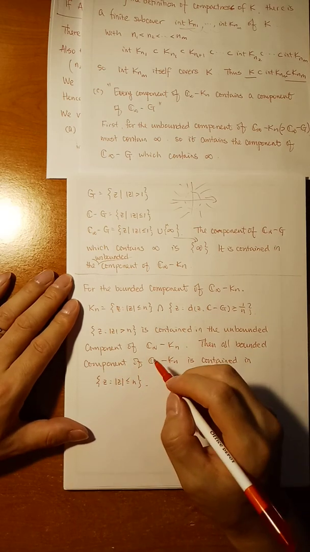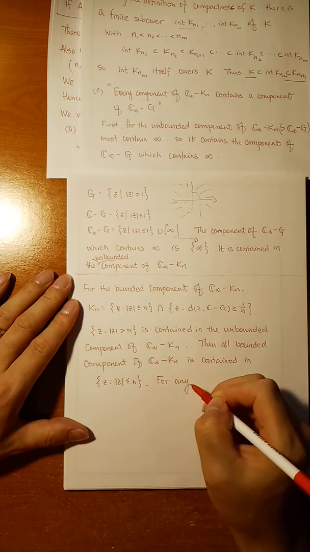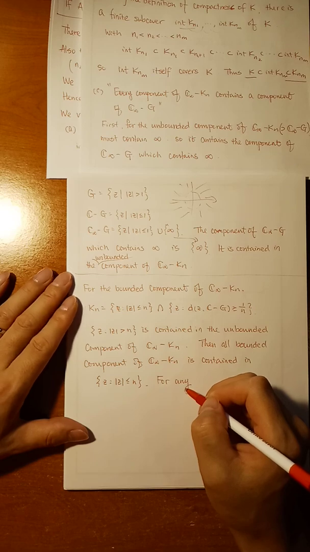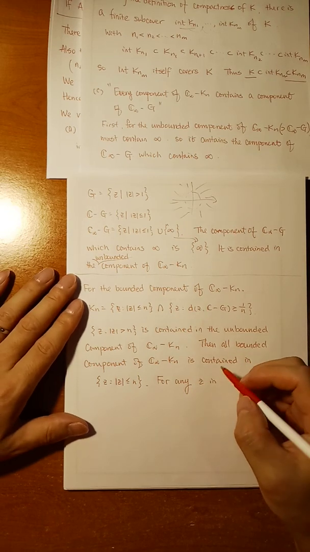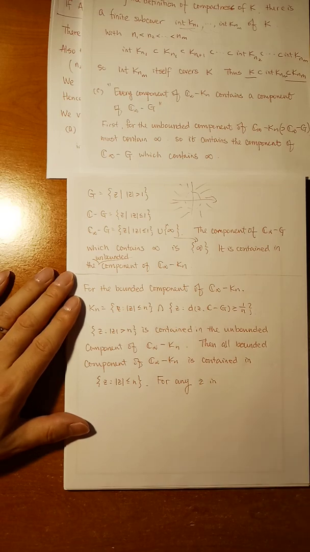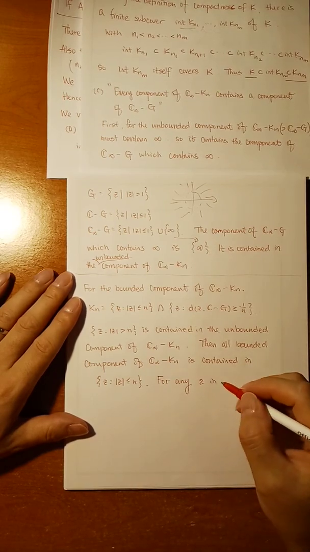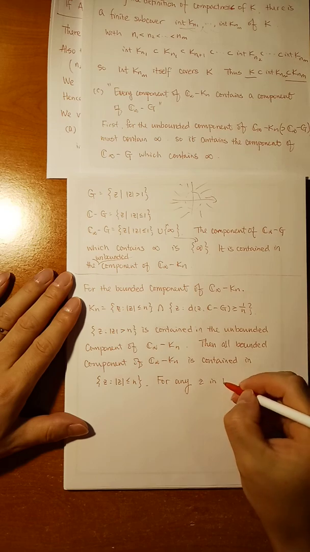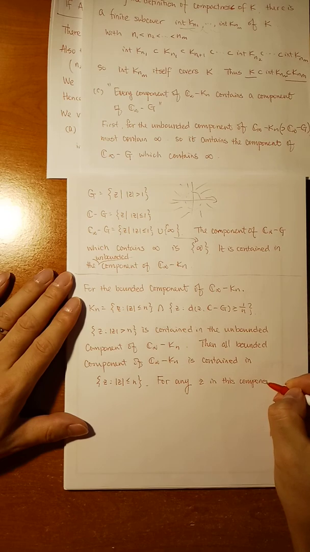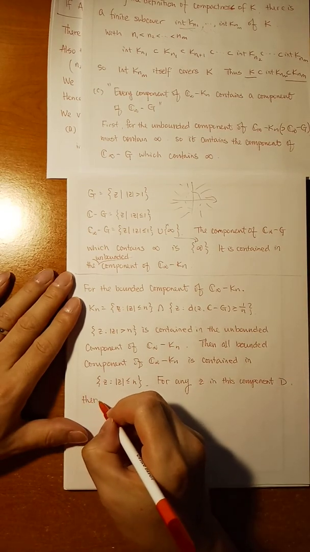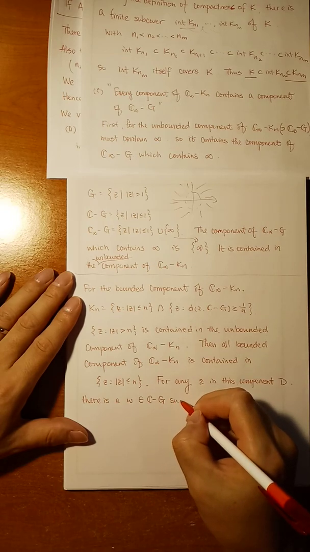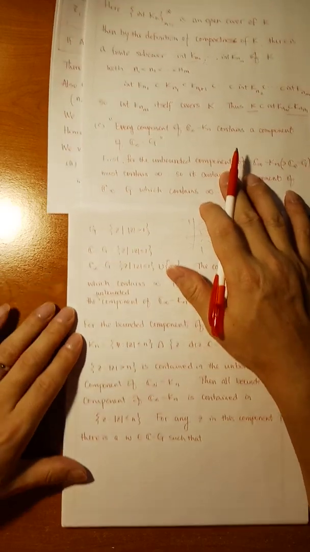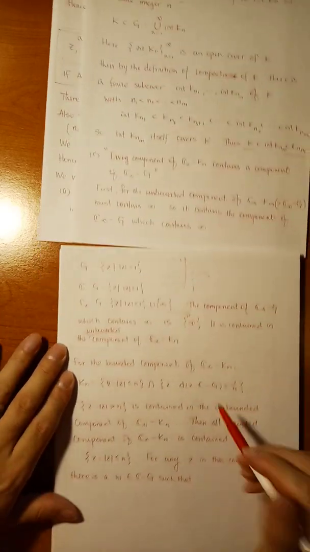Right? So for any point Z inside this component, that's the bounded component, let's call it D. Inside this component D, there is a W in the complement of G such that the condition is not satisfied.